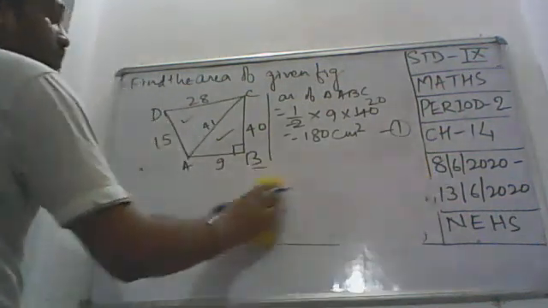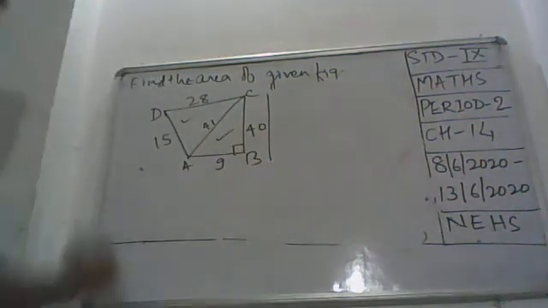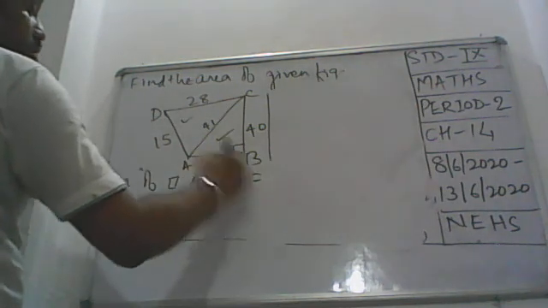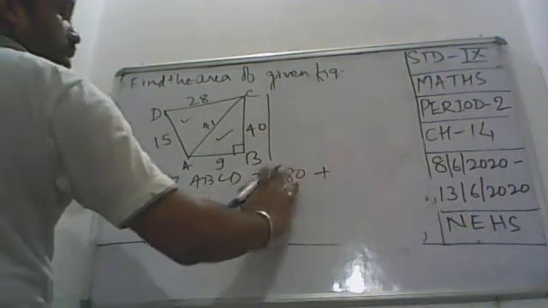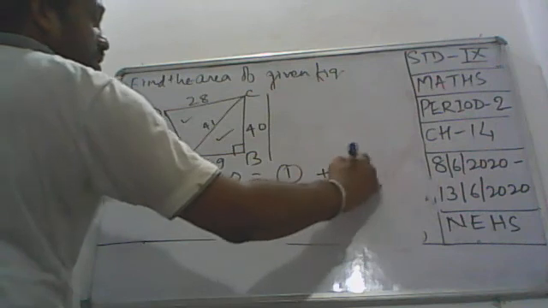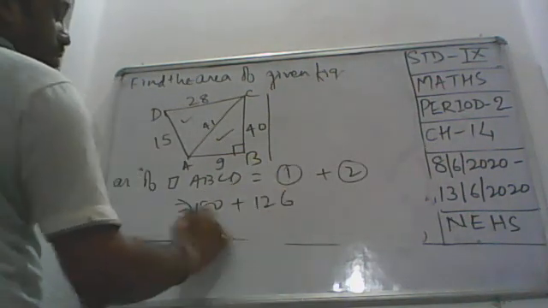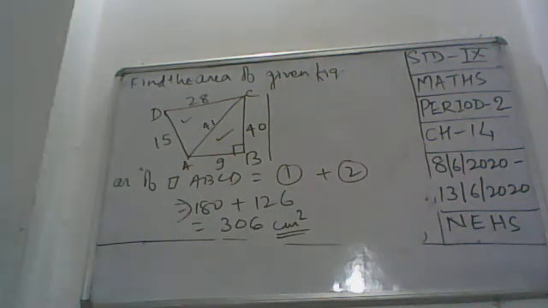So area of quadrilateral ABCD is equal to 180 plus 126, so that is 306 centimeter square. So I hope you understood how we can find the area of quadrilateral when its 4 sides and 1 diagonal is given. Okay class, thank you very much for this.